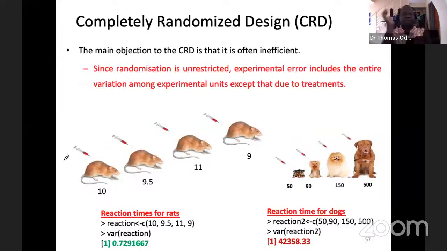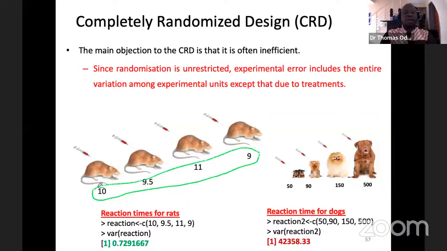Okay, so maybe just to reemphasize some points, when we assume that the experimental units are homogeneous, then any variation that is not taken care of by the environment, by the treatment, will be lumped together, and this will be what we call experimental error.